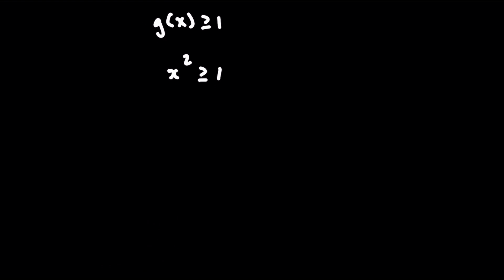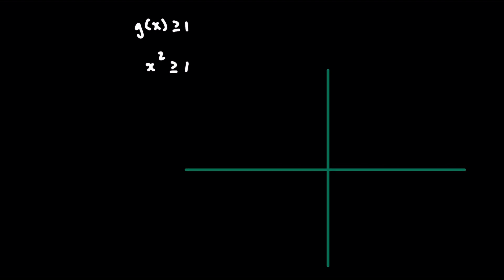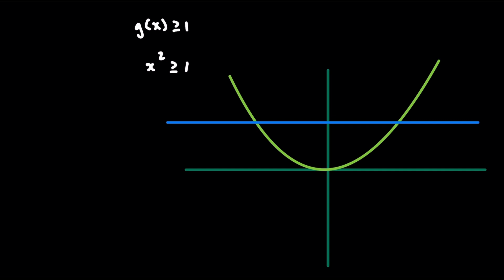And we know, as a graph, if we were to work out what this quadratic inequality would be, we know that y equals x squared looks a little something like this. And all we're asking ourselves is, when is this function higher than the line y equals 1? Well, it's going to be higher for x less than this value here, and it's going to be higher for x more than this value here. And we know that when x squared is equal to 1, x is either -1 or x is 1.